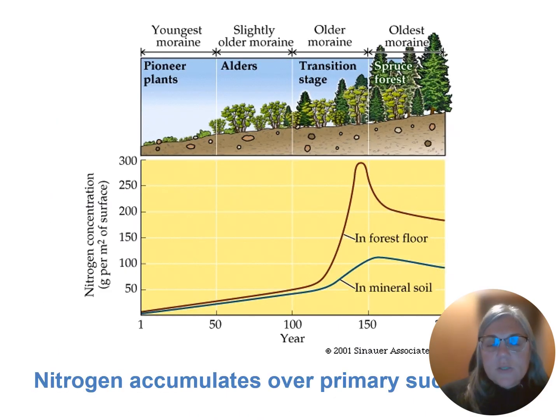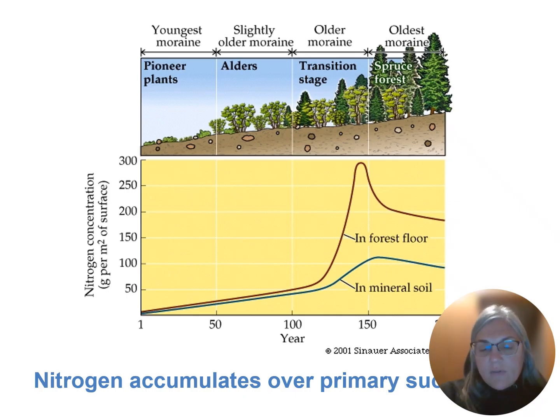All right. So going back to why we would see an increase in growth when we add nitrogen at the youngest site, we have to think about how nitrogen accumulates over time in ecosystems. Remember that nitrogen inputs into the system come from fixation of atmospheric nitrogen, which is a gas form. So we've got to accumulate nitrogen in the system over time, and this happens through the process of succession.